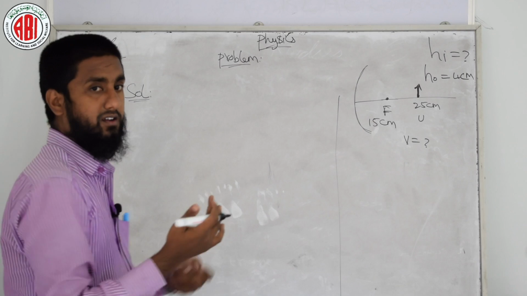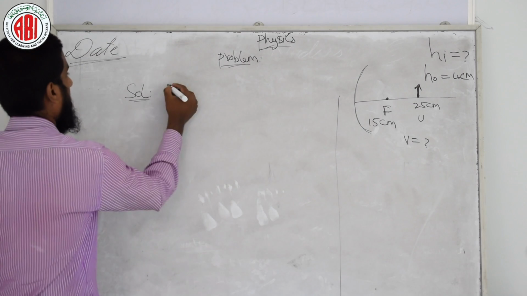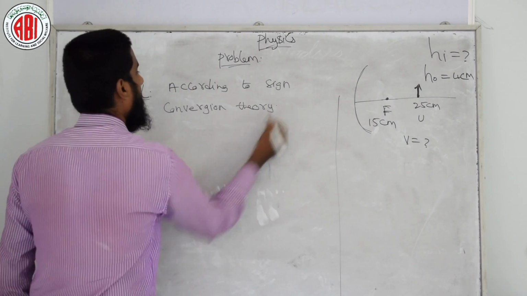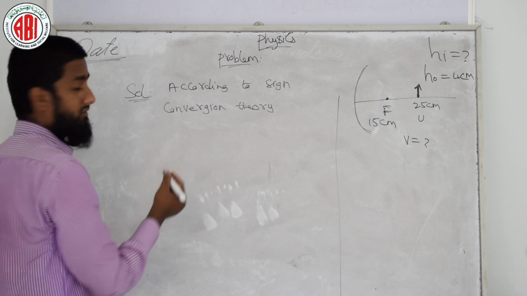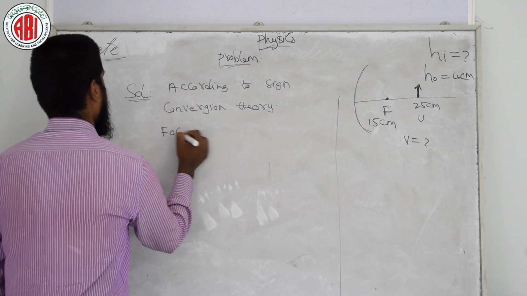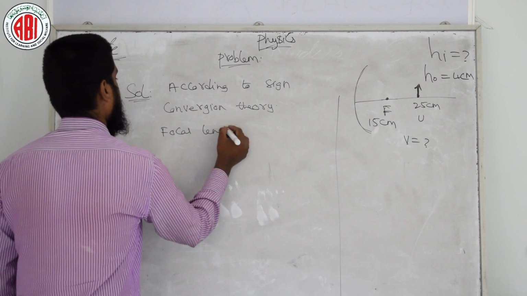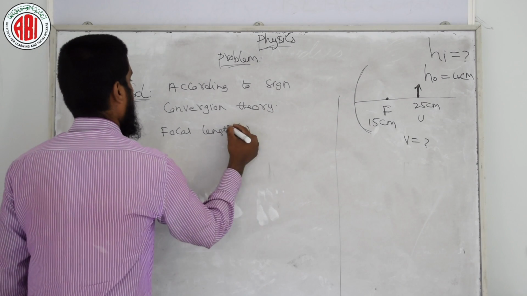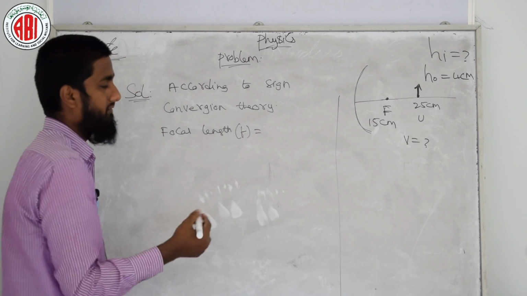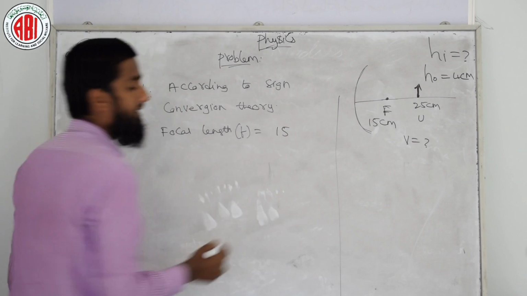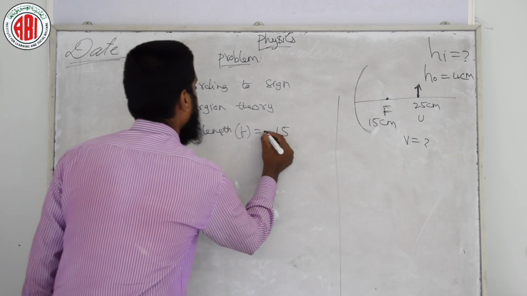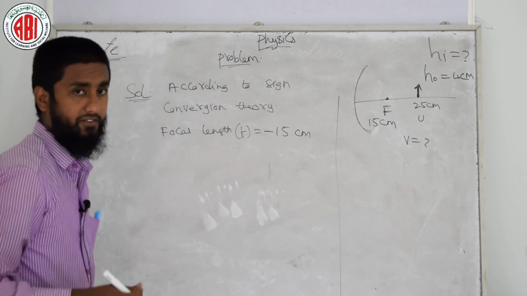Now I am putting the values according to the sign convention. According to the sign convention, the focal length f is 15 centimeter, but we need to take this as minus 15. Why do we have to take minus 15?